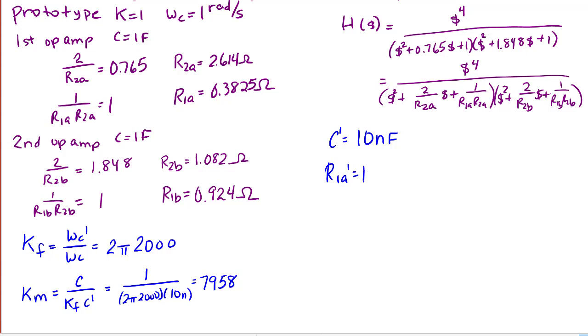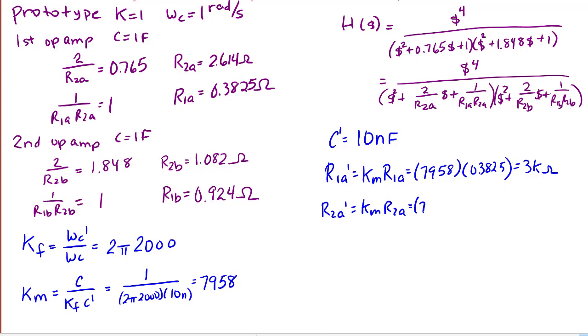R1A prime is Km R1A, which is 7,958 times 0.3825, which equals 3 kiloohms. R2A prime is equal to Km R2A, which equals 7,958 times 2.614, which is equal to 20.8 kiloohms.